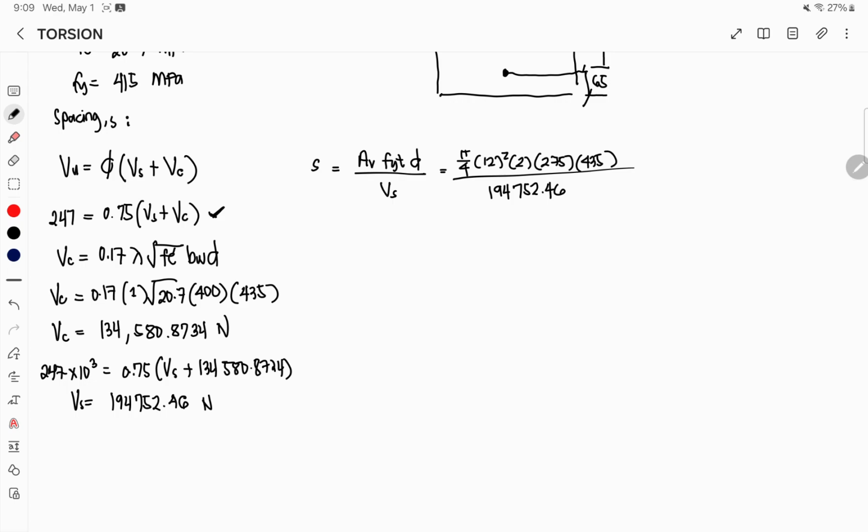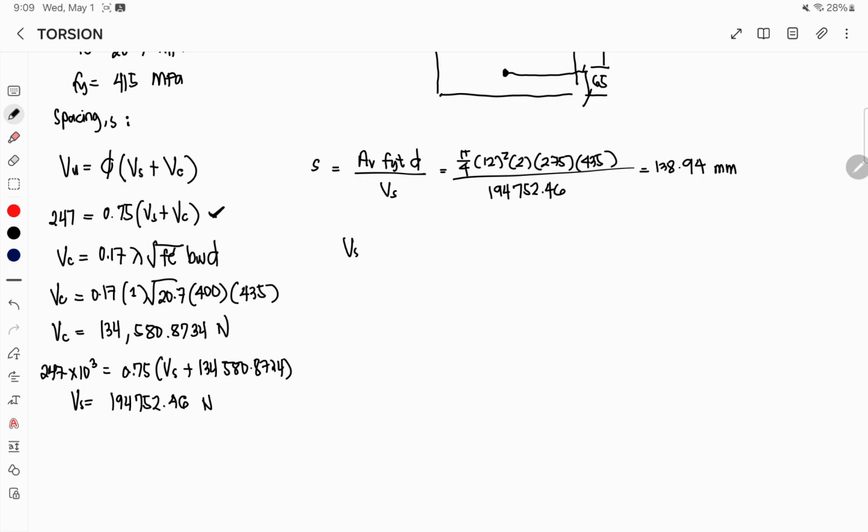So the spacing is equivalent to 138.94 mm.